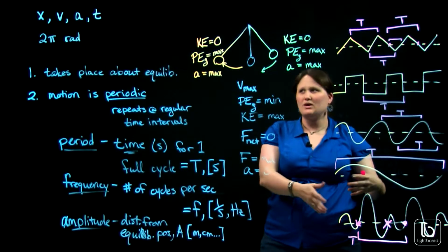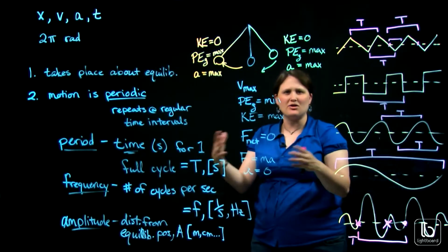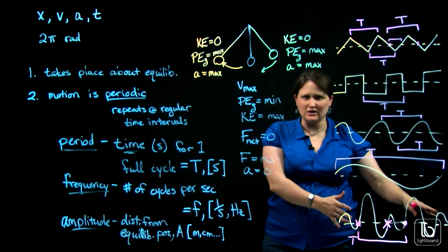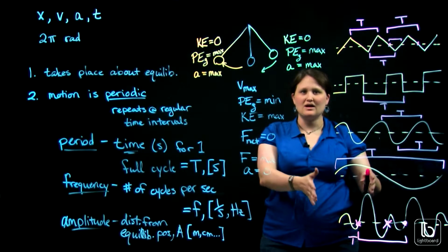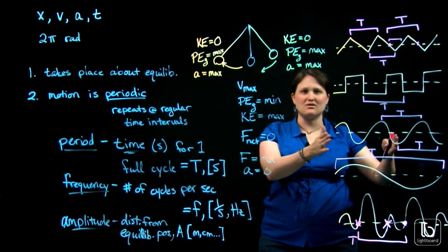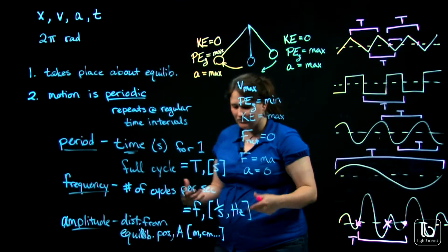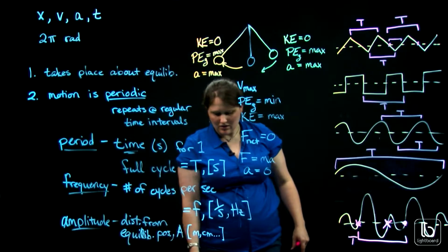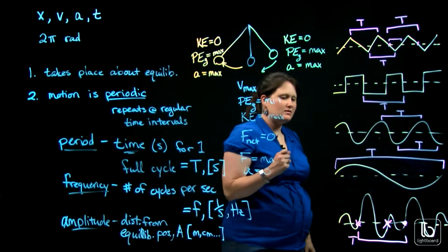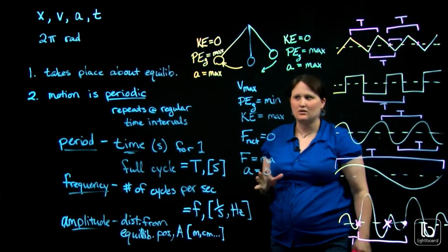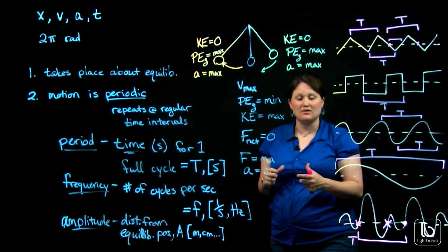So we can talk about oscillations, we can talk about periodic motion. It can still have a funky shape as long as it is happening exactly the same thing over and over and over again. So that's fun, that's useful, but it's not specifically what we want to spend most of our time on.